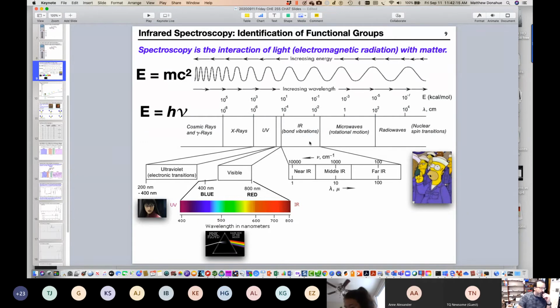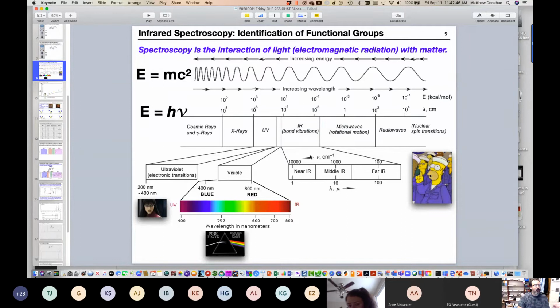When we're in the infrared region, what the light is interacting with in matter is the dipole moment present in a functional group. You remember when we were talking about the difference in electronegativity between two elements in a bond, and we could assign partial negative, partial positive, and then write a dipole.